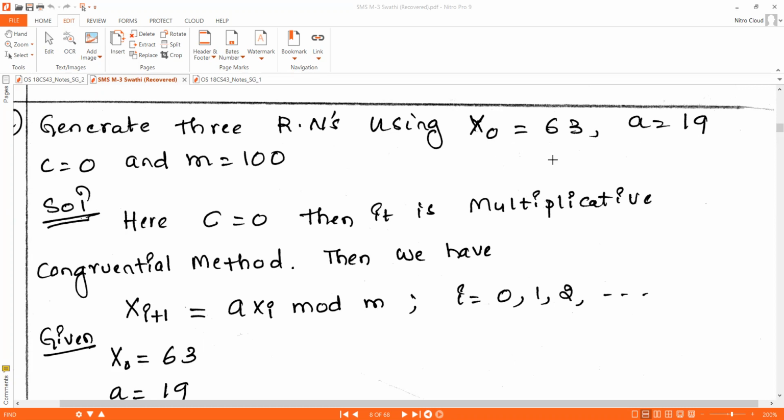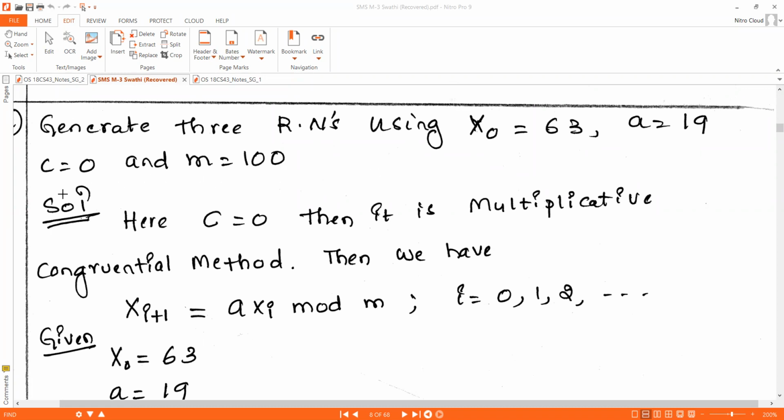If they ask us to generate random numbers by giving the x naught value, a value, c value equal to 0, and m value, which technique should we follow? Here c equals 0, so it is the multiplicative congruential method we should follow to generate the random numbers.